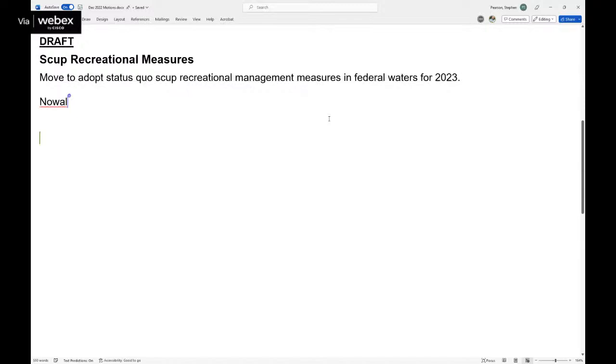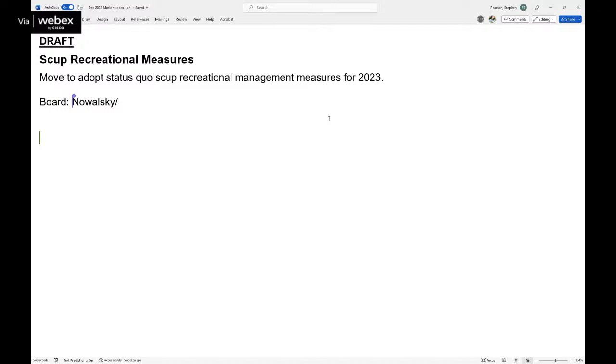And I think you could strike the federal waters part with what's up there as well. And it's my intention for status quo recreational management measures, period. Okay, I appreciate that, Adam, and you are making that on both behalf of the board and the council.